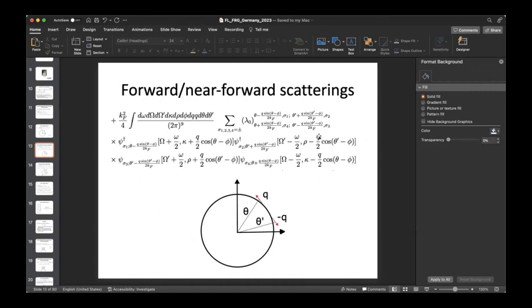Here, the fact that the Q had to be small is due to the curvature of the Fermi surface, say at angle theta and theta prime.